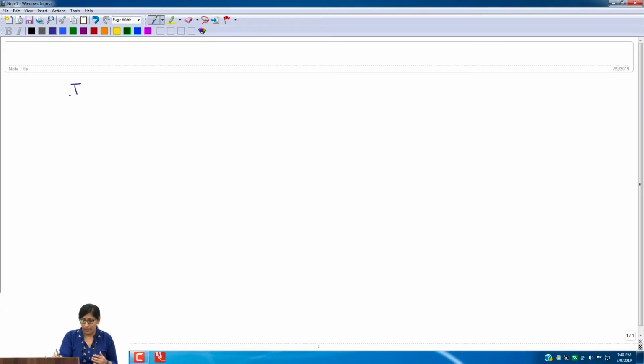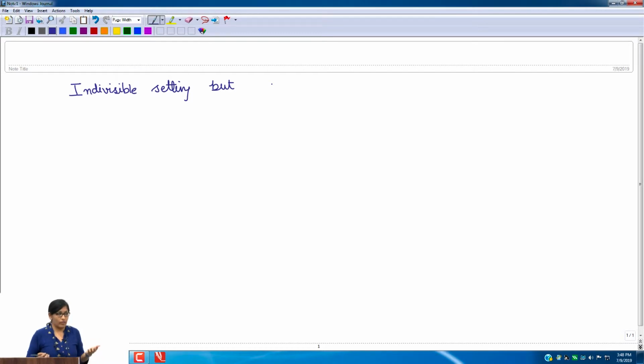In this session, I'll introduce you to the third landscape, which is an indivisible setting to begin with, but in the presence of some divisible resource. So it's a case where you have both indivisible goods plus some divisible resource. Indivisible setting in the presence of divisible resource.